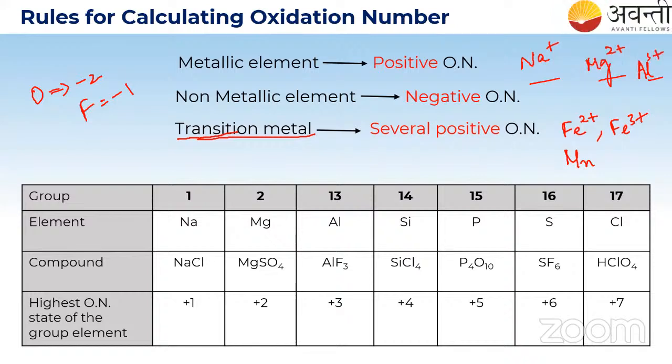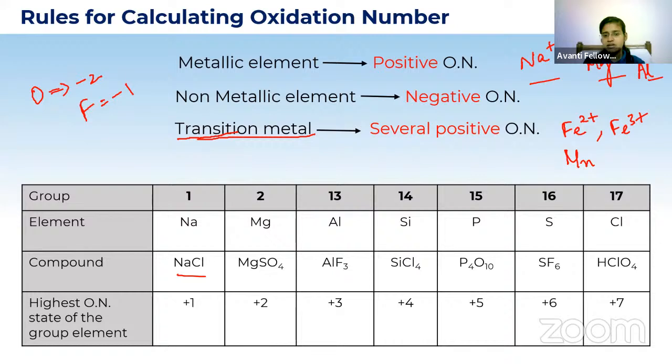The compound that each element will form is also given here. Sodium can form sodium chloride, magnesium forms magnesium sulfate, aluminum forms aluminum fluoride. The same way, the compounds of all the elements are given. And the oxidation number of that particular element in this compound is also given here.